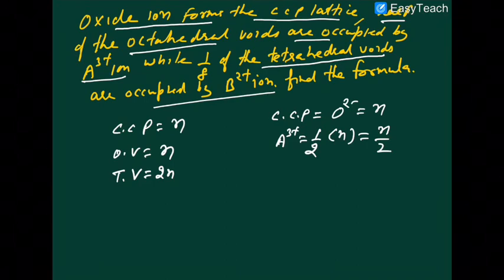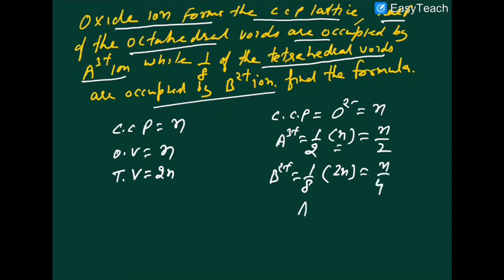A3+ ion occupies half of the octahedral voids, so N is the octahedral void count, and it comes out to N/2. B2+ occupies 1/8 of the tetrahedral voids, so it comes out to N/4.